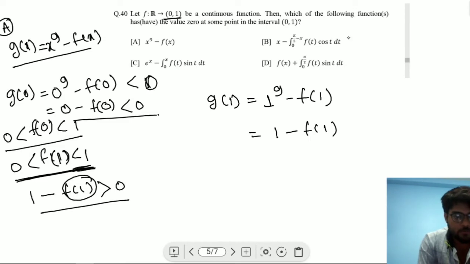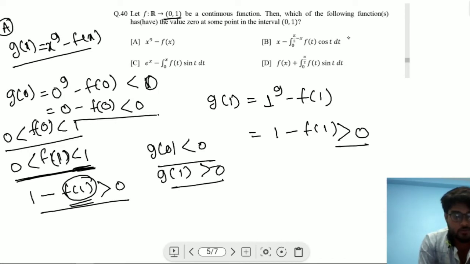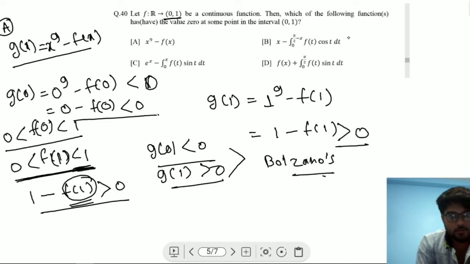So this will be positive. We can see that g(0) is negative and g(1) is positive. So as per Bolzano's theorem, yes, the value at some point in the interval (0, 1) will be 0. So g(x) must have a 0 in the interval (0, 1). So this is true.